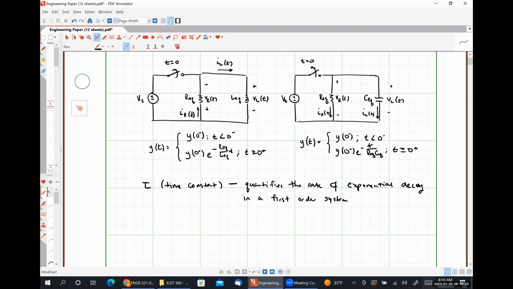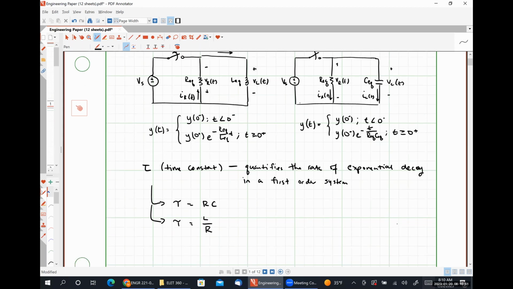Okay. So for an RC circuit, tau is simply going to be R times C. And for an RL circuit, tau is defined to be L over R. So let's talk about why our time constant, or I guess these should be equivalent.